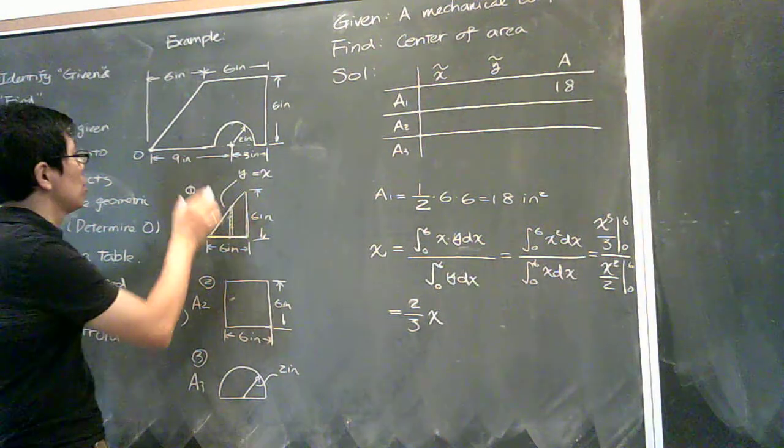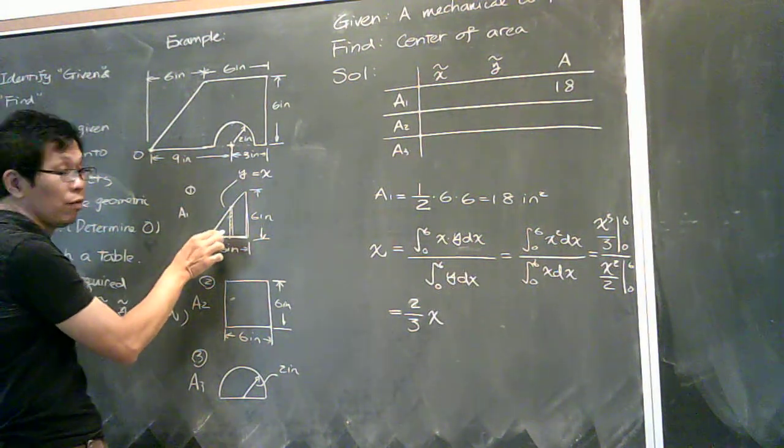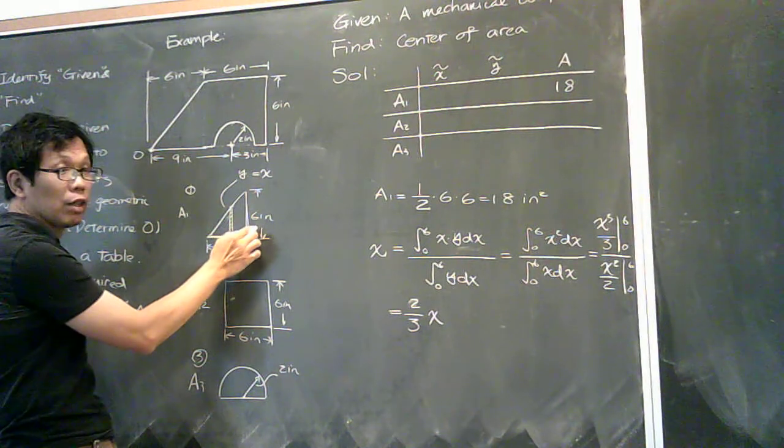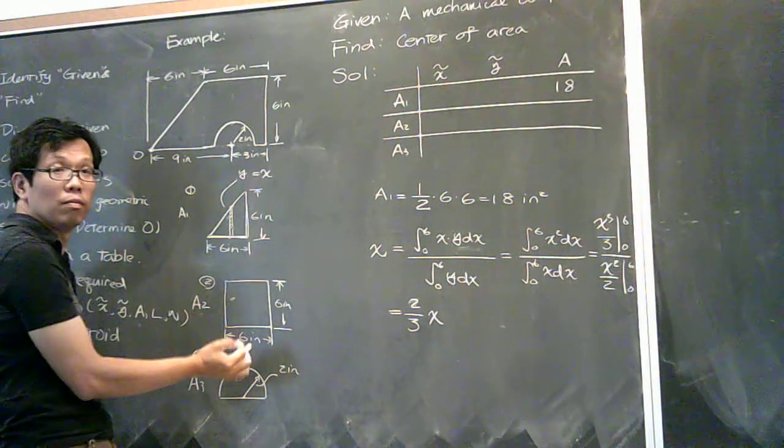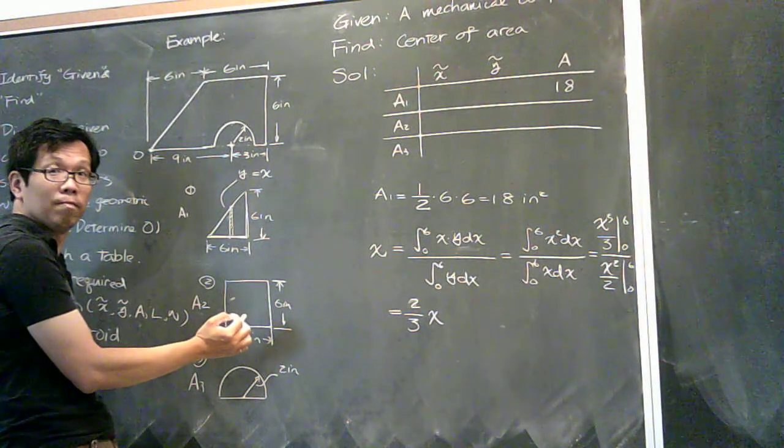Right? So it starts from here to here. It's 2/3 from the point over here and 1/3 from the bottom, from here to here. Does that make sense to everybody?